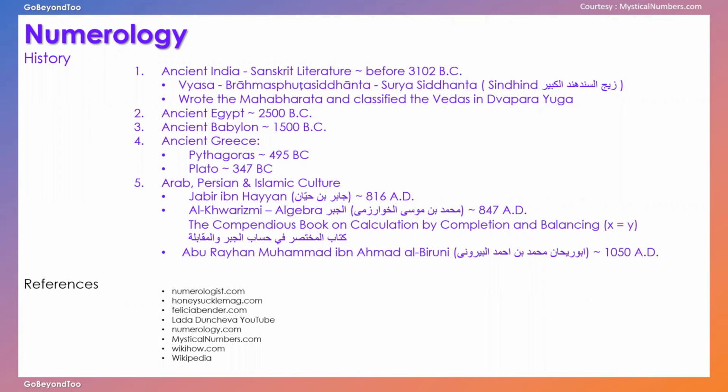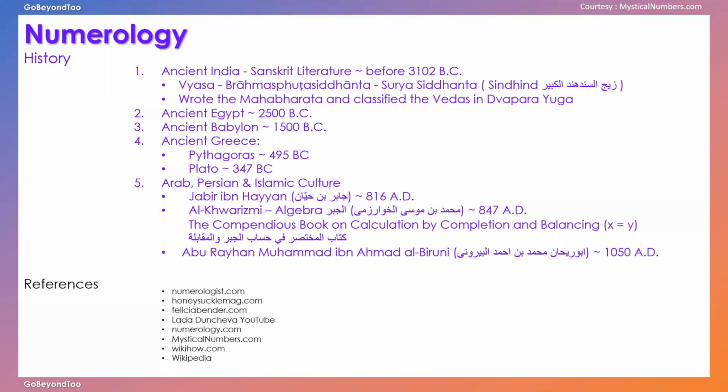And the great sage Vyasa wrote several books and also classified and assembled the Vedas, the Rig Veda, Samaveda, Ayurveda, and Atharva Veda. He also wrote the Mahabharata, which is a record of what happened during the big war in India. That happened at the end of the Dvapara Yuga.